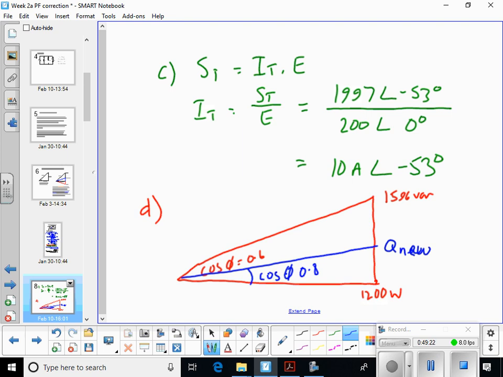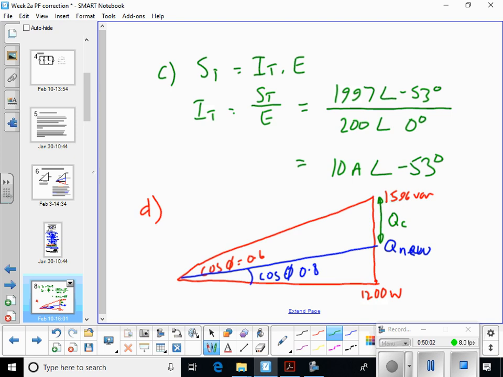Yeah? And therefore, if that's the Q due to the capacitance down the other way, that's making the difference, can you see that between there and there is the Q supplied by the capacitance? Yeah, it goes down, but if we look at the difference between where Q currently is and where we want it to be, if we find out what Q new is and take it away from Q now, we'll end up with QC. Follow?